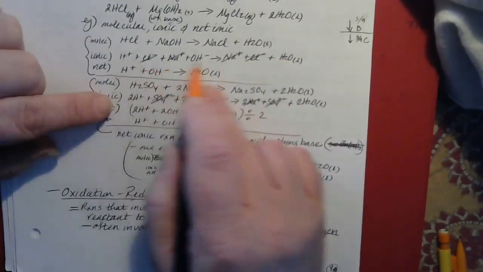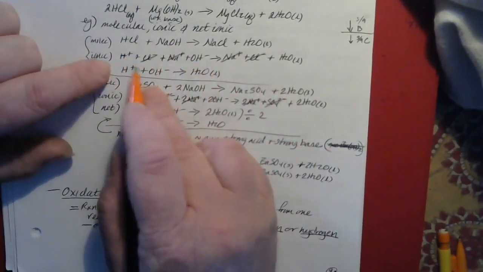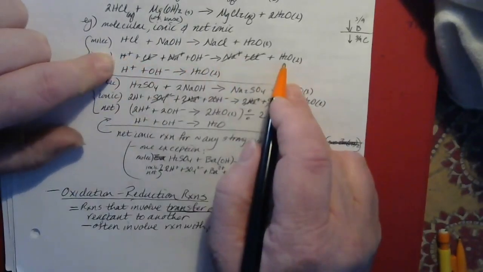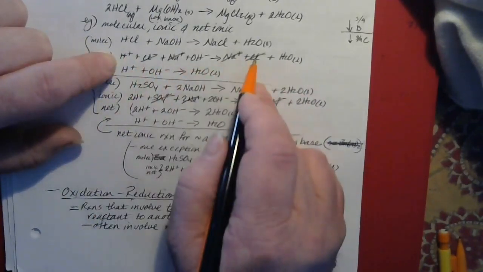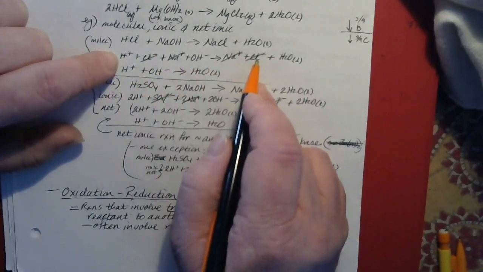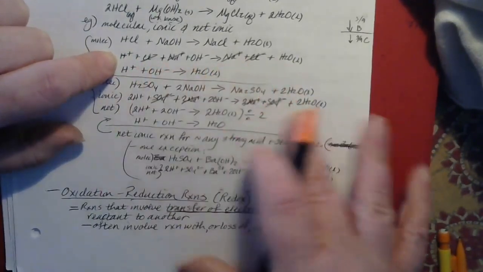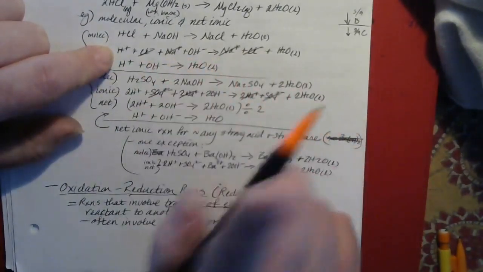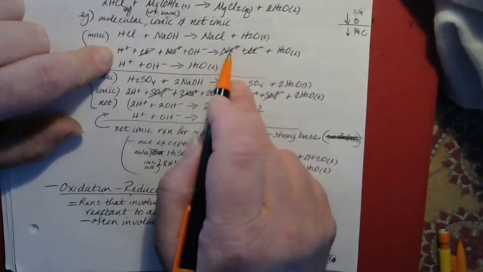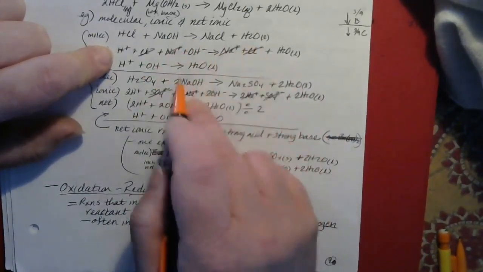And now you can go through and look for spectator ions. We find that H plus comes out as part of water, so that needs to stay. But Cl minus comes out exactly the same as it went in, so that can be canceled because it's a spectator ion. Na plus ions, as I said, are always spectator ions, and sure enough, there they are again, exactly the same as they went in, so we can cancel those.